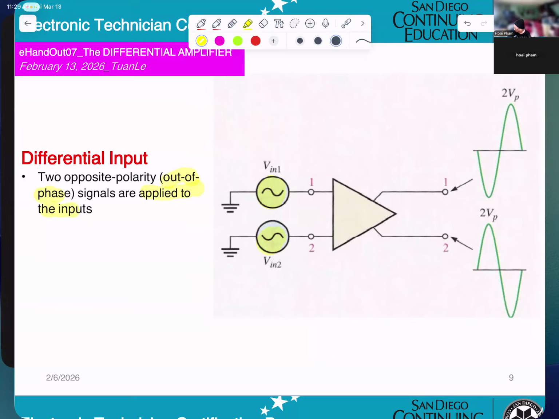Remember, both inputs have to be opposite, this going up, this going down. The output 1 will be opposite to input 1, and output 2 will be opposite to V in 2.